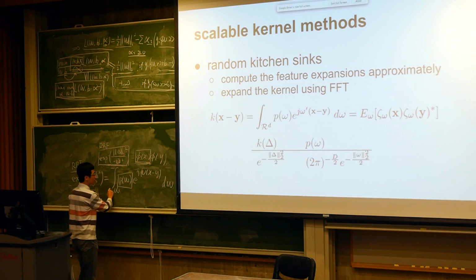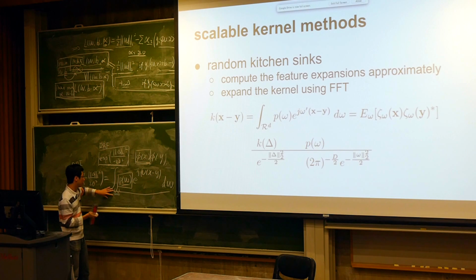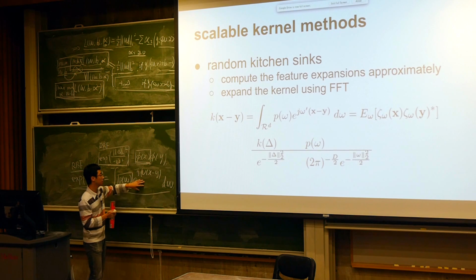So we can view this as a probability distribution. The integration of this function is equal to 1. The original domain is from minus infinity to positive infinity, so we cannot use a finite number of terms to approximate this function. We can just sample it. We can sample this Gaussian function and compute this feature function.